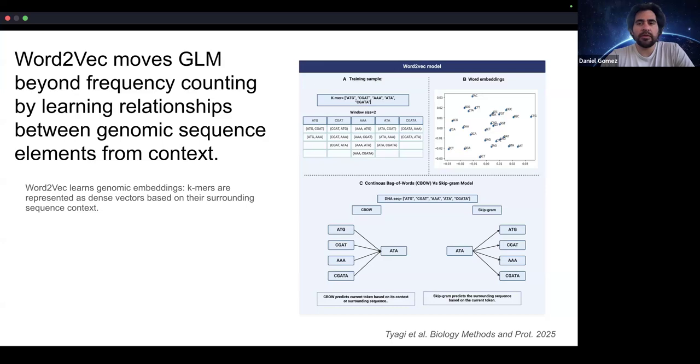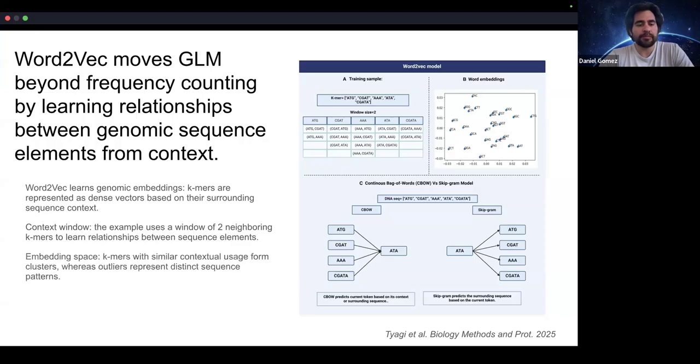Word2vec learns genomic embeddings. It embeds the k-mers as dense vectors based on surrounding sequence context. The context window, for example, is two neighboring k-mers that learn the relationships between sequence elements. In the embedding space, k-mers with similar contextual usage form clusters, whereas outliers represent distinct sequence patterns.